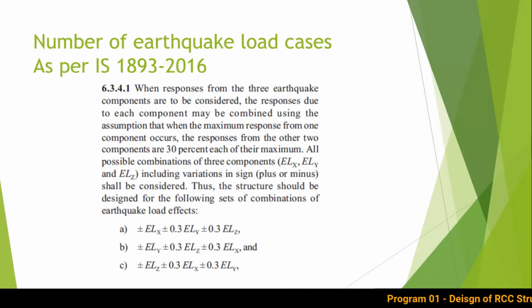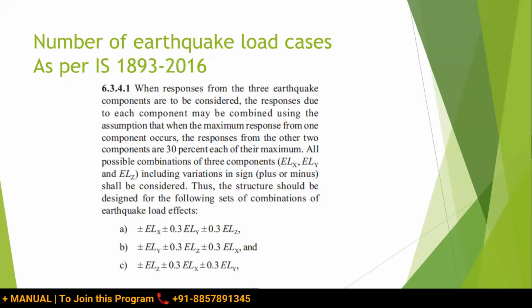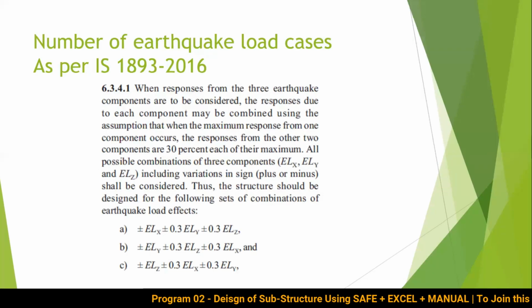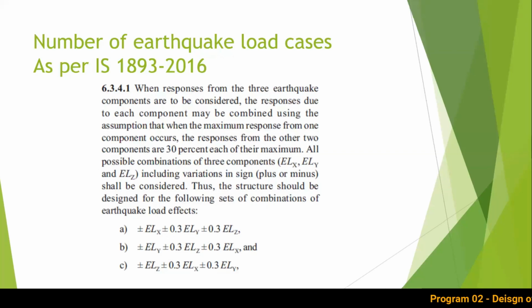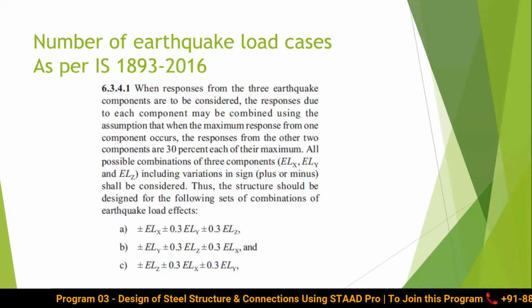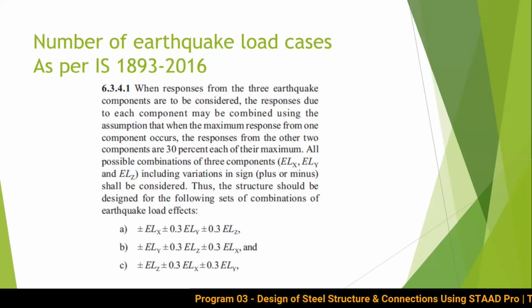As per clause 6.3.4.1 in the IS code, if we have zone greater than 3, generally, this is what is stated in the code: when we are considering earthquake load in the x direction, we should also consider 30% of load in the y and z directions, because it's not like the load will only be available in the x direction and y and z won't have any load. So the code says that when we consider load in x, also consider 30% in y and z, and this is applicable in both positive and negative sign.